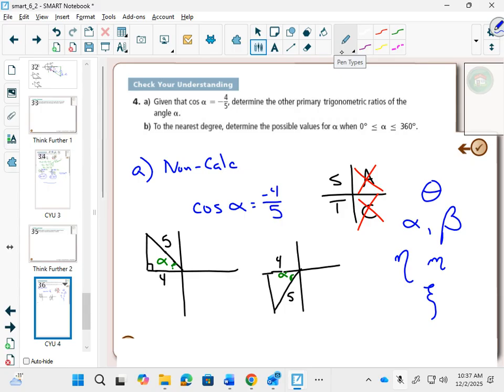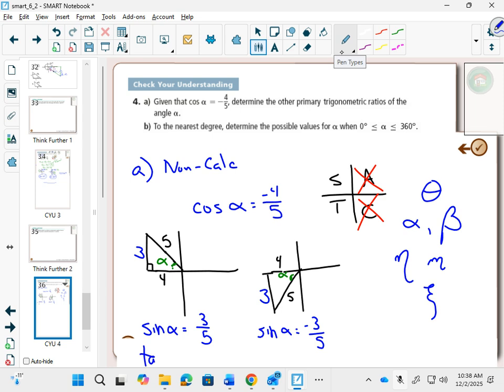But if you did a squared plus b squared equals c squared, this is your 3, 4, 5 triangle. 25 minus 16 is 9, so that side has to be 3. And if you draw the triangle, you could determine that sine of alpha here would be 3/5, and sine of alpha in quadrant 3 would be negative 3/5.